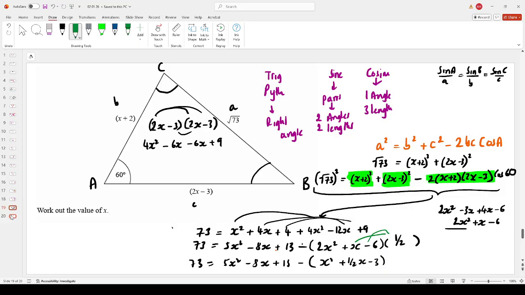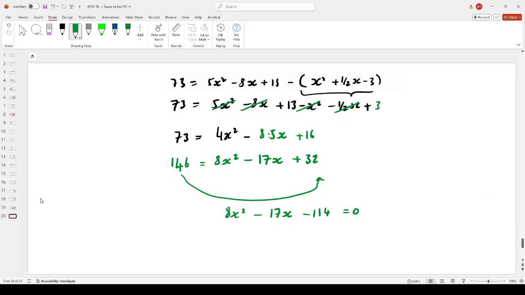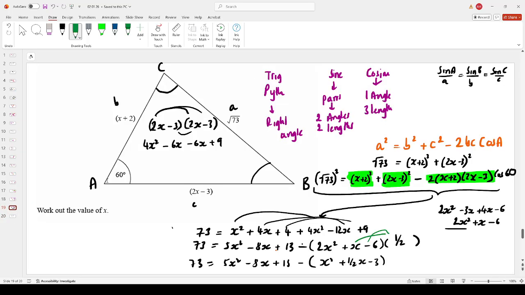Have I missed anything? Did you times by 2? No, I times by a half. So I times 2x squared by a half, I times x by a half, I times 6 by a half. Now, right at the end, I times everything by 2. Ah, so they cancel out.